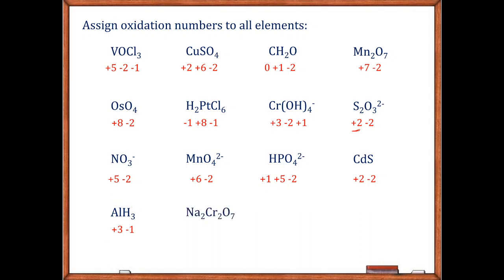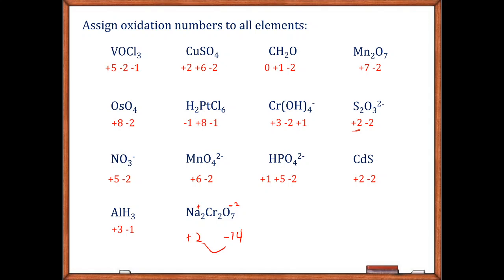A little bit bigger one now. Now we have sodium, chromium, and oxygen all put together. It's just the same thing, so just assign what you know. Oxygen is -2, and we know sodium is going to be +1. So -2 times 7 gives you -14, and sodium +1 times 2 gives you +2.